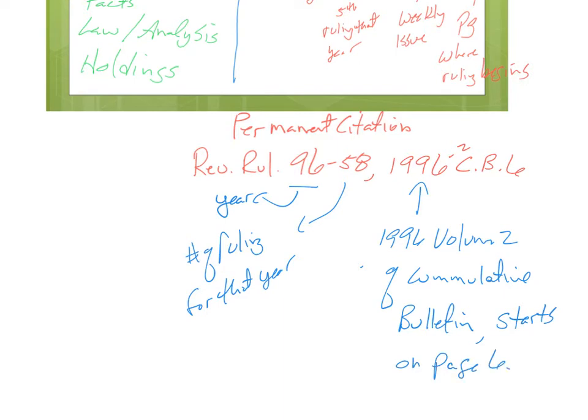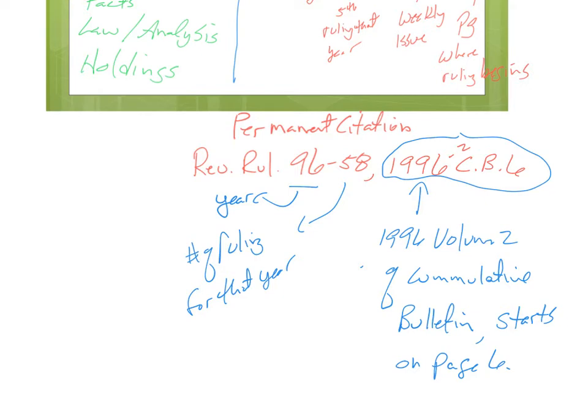Okay? Now, back in the day, you needed this entire citation in order to be able to find your revenue ruling, because you wanted, you know, the 58th revenue ruling in the year 1996, but you had to know which volume to go to in your big library in order to find it.